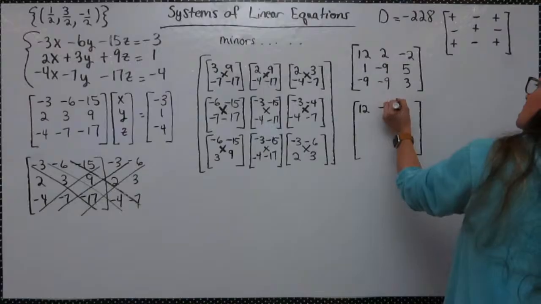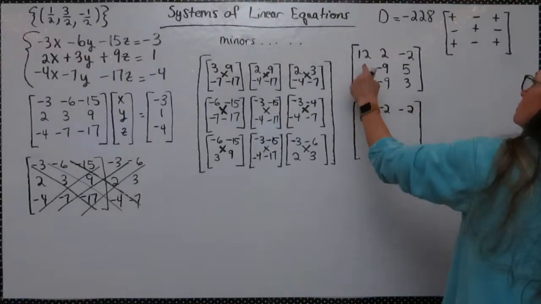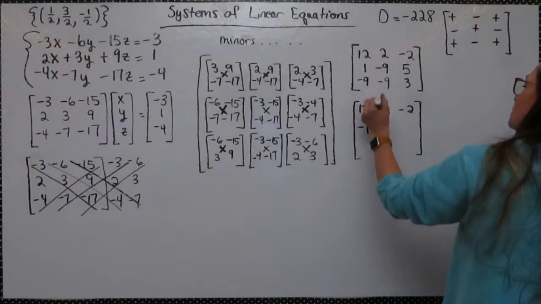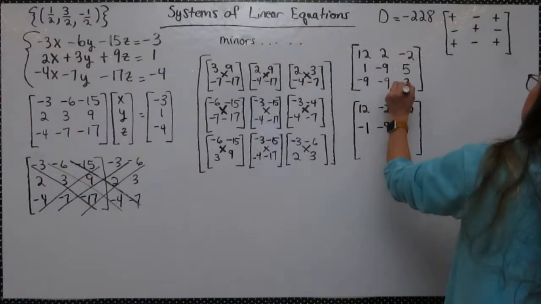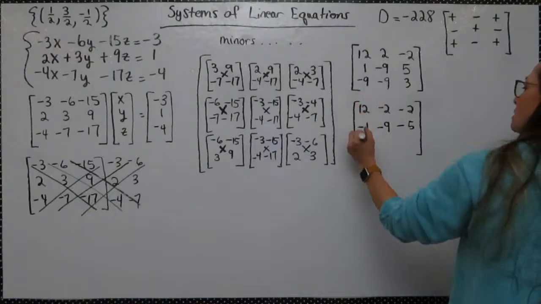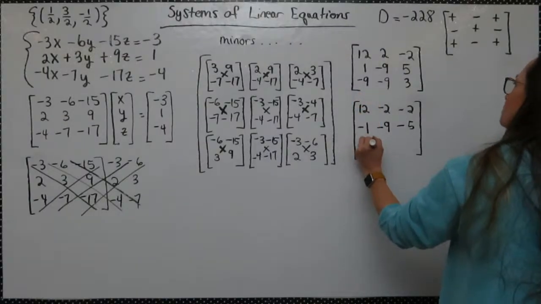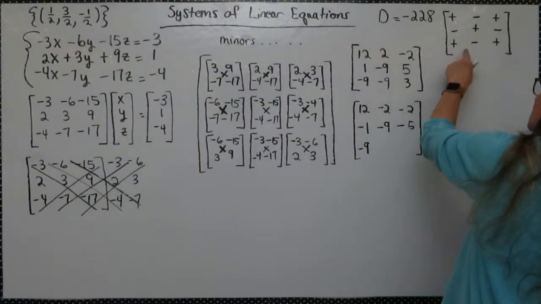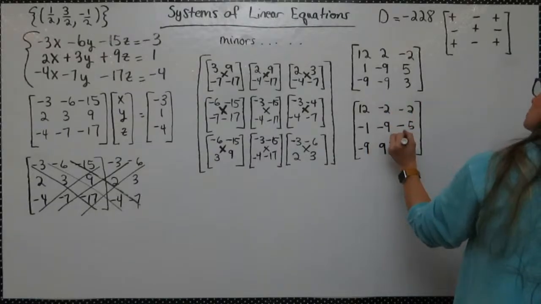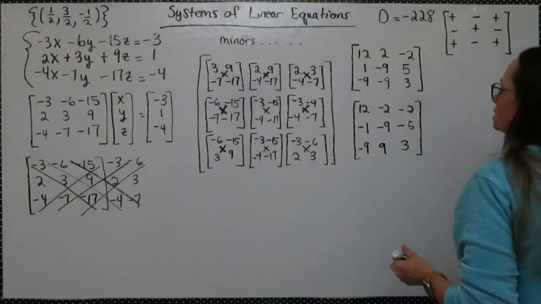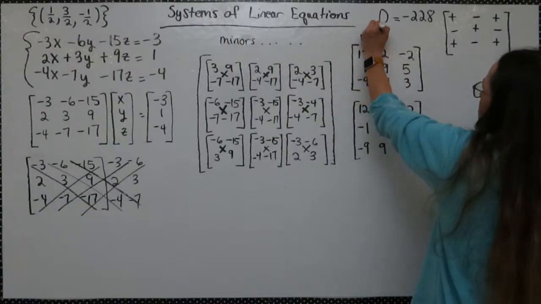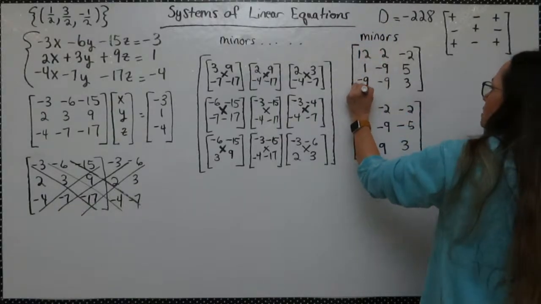This one's going to stay negative. This one is going to become negative. Negative 9 will stay negative. 5 becomes negative. Negative 9 will stay negative. 2 negatives make a positive, so that one's going to go positive, and then this one will stay positive. Perfect. So this is the cofactors. These are the minors. These are the cofactors.